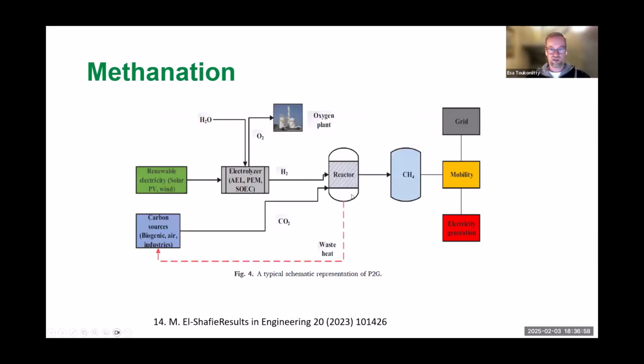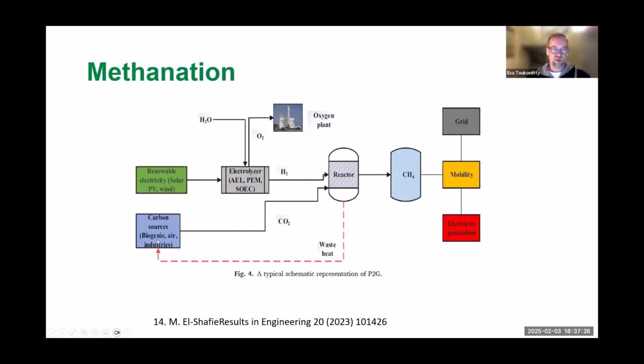Here it's collected in a more complete scheme. This should be already known to you. We use renewable energy, solar photovoltaics, wind energy. Then we electrolyze the water. Here you get the hydrogen for the methanation reaction.